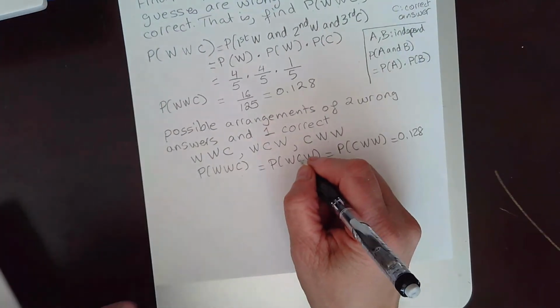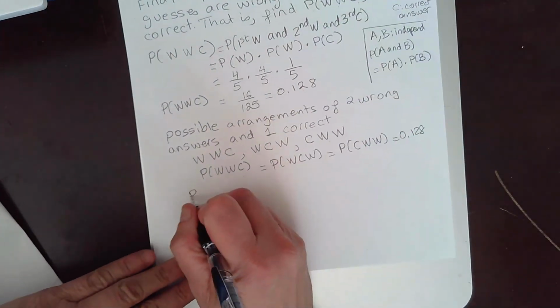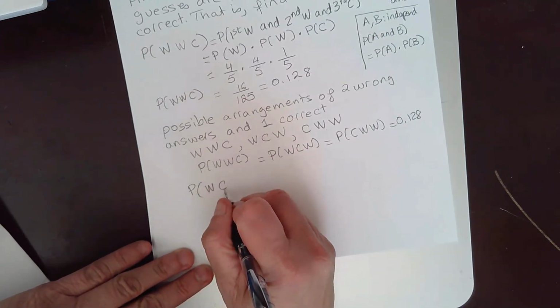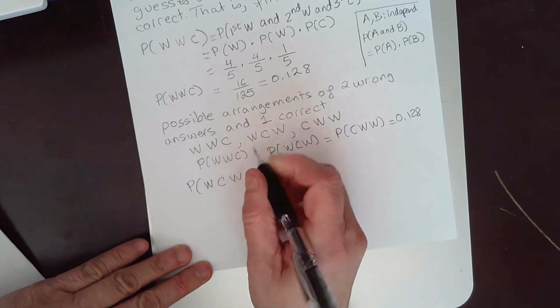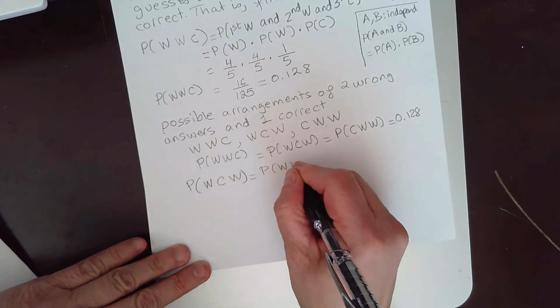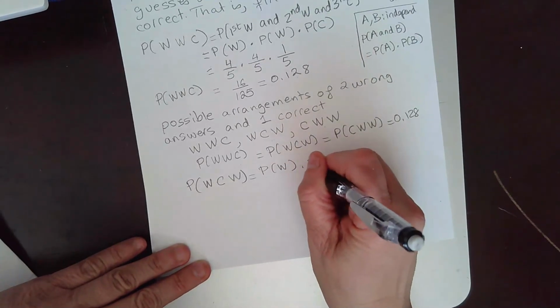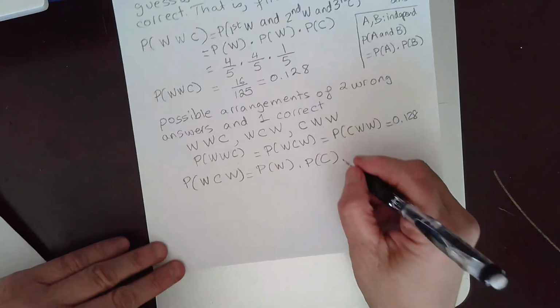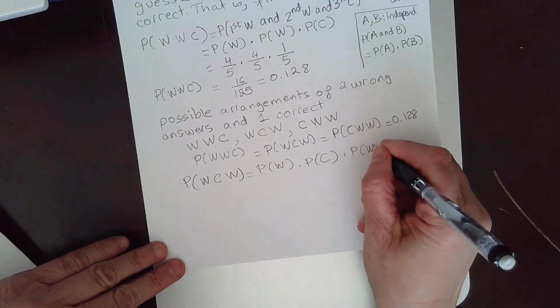If you're not sure and you want a little convincing, I can try this one, which is different from the one we have. What's the probability that the first is wrong, the second correct, the third wrong? That's the probability that the first is wrong times the probability that the second is correct times the probability that the third is wrong.